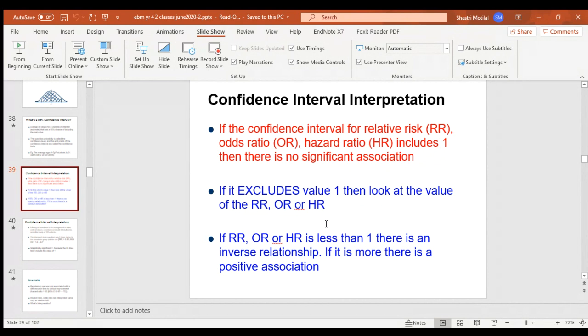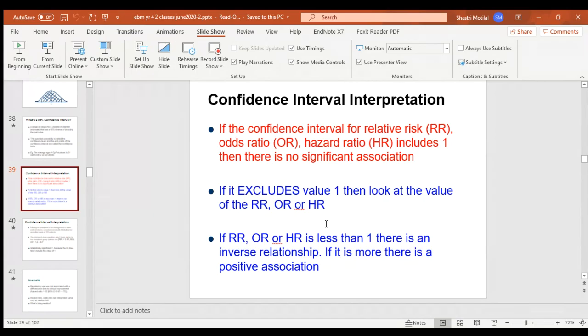What would happen though if the confidence interval does not include the value 1? If the confidence interval excludes the value 1, then what you should do next is look at the actual value of the relative risk, or the odds ratio, or the hazard ratio.